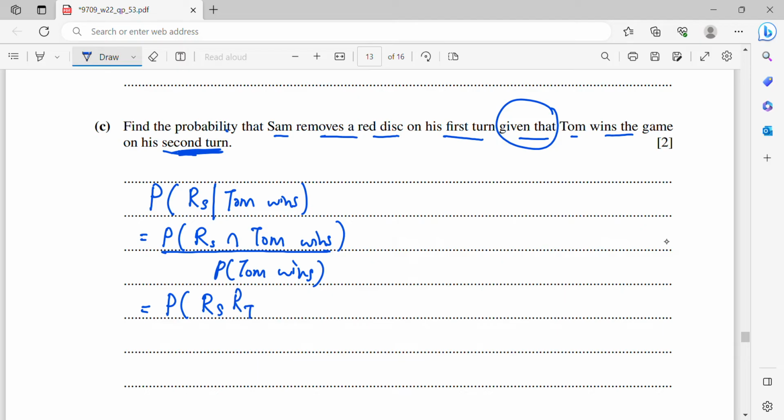And then on the second turn Sam cannot get a red disk, otherwise he will be the winner, so it must be a white disk for Sam, and Tom must get a red disk, over P(Tom wins).